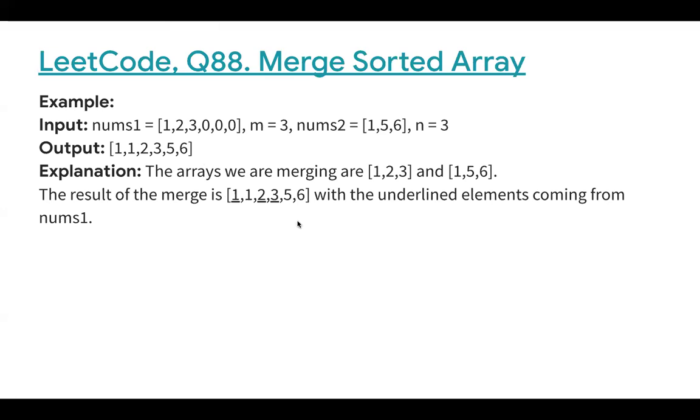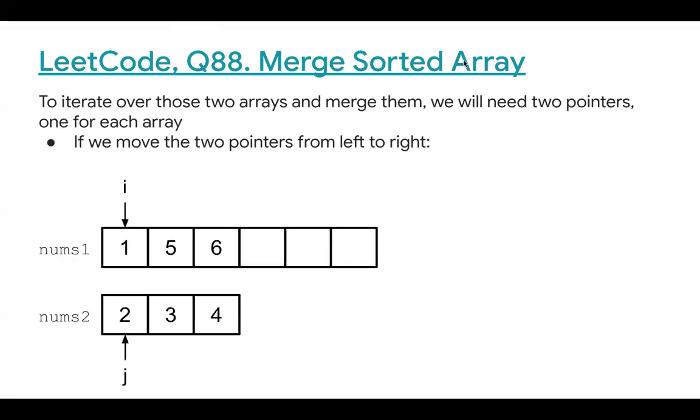Let's stop here and let's go through the solution together. So we are given two arrays and we want to merge them into one array. When we merge these two arrays, intuitively we will have to loop over every element in each of these two arrays, right?